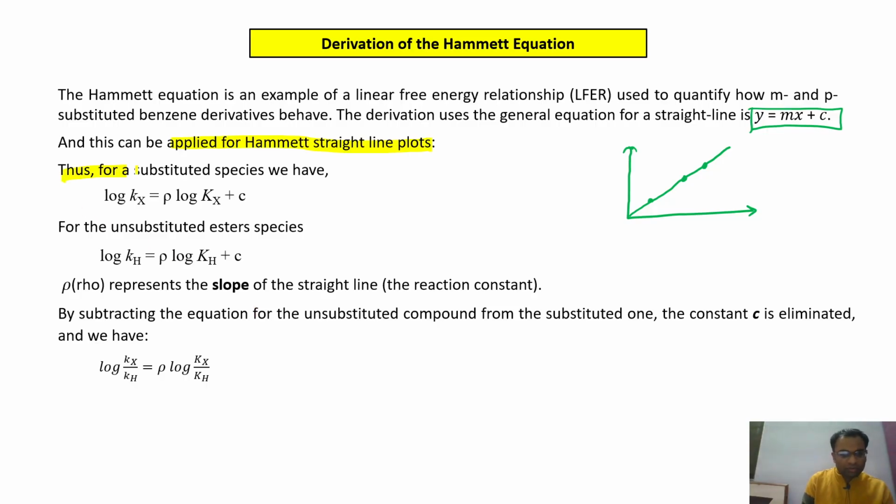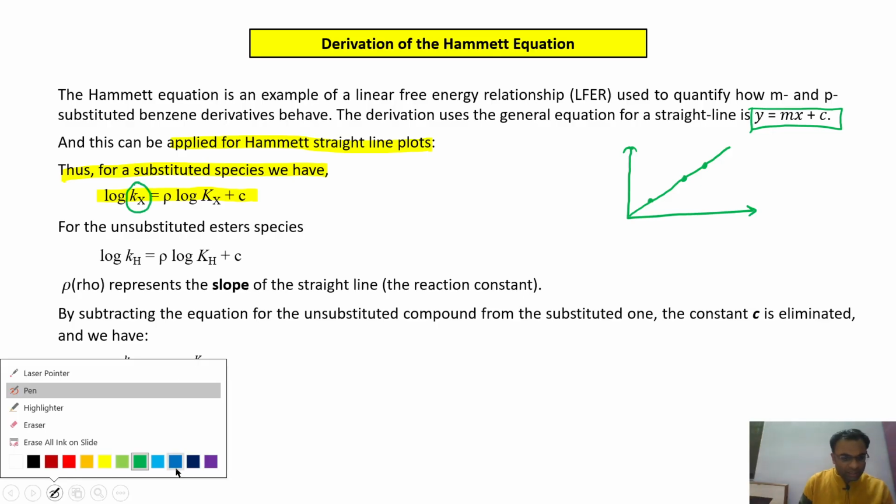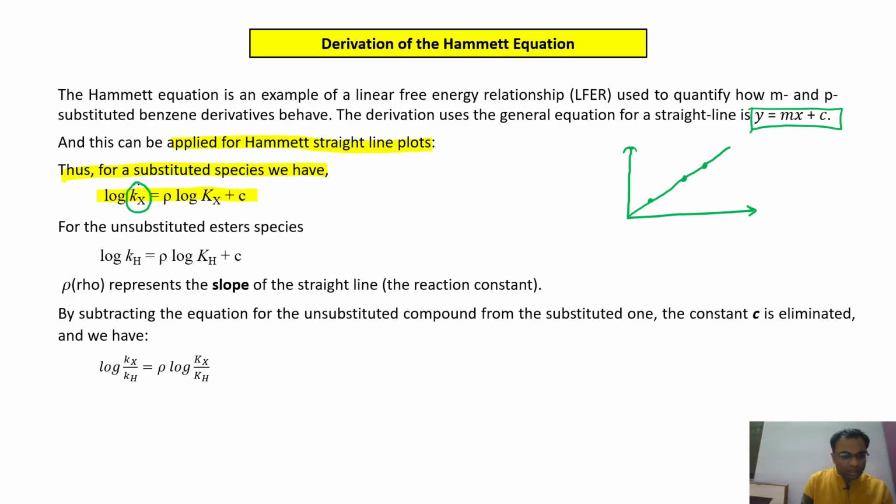Thus, for a substituted species, we have log kx is equal to rho into log Kx plus c, where small kx is the rate constant for the ester hydrolysis, and capital Kx is the ionization constant of the substituted benzoic acid.